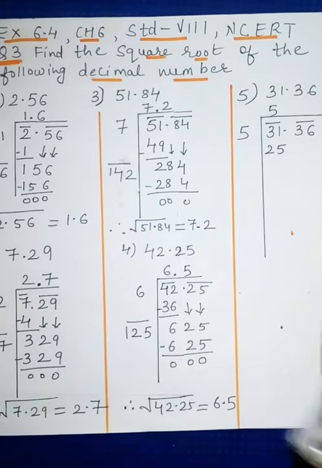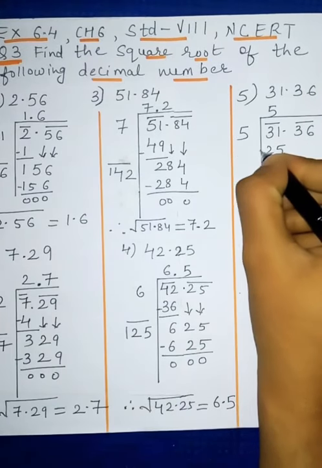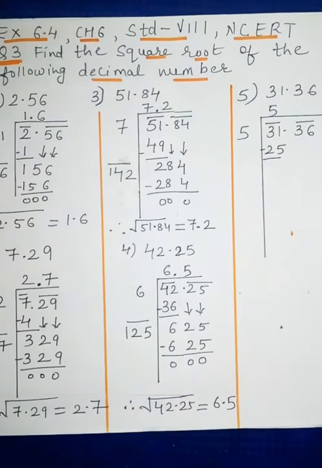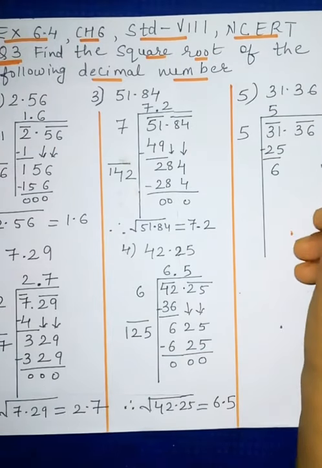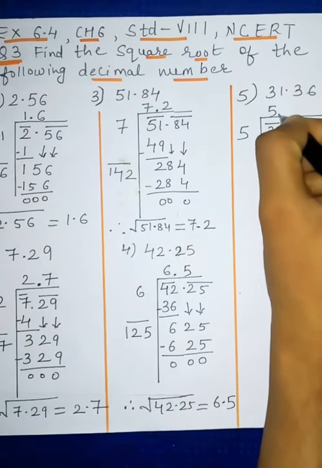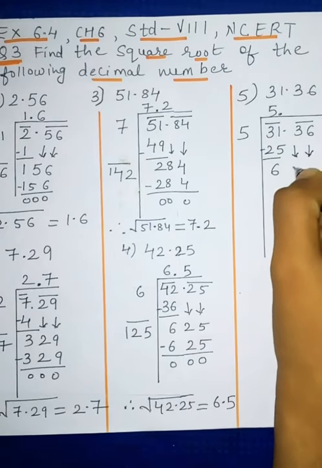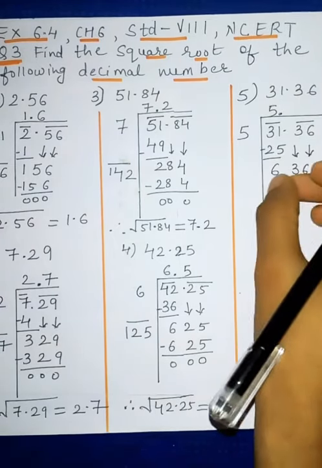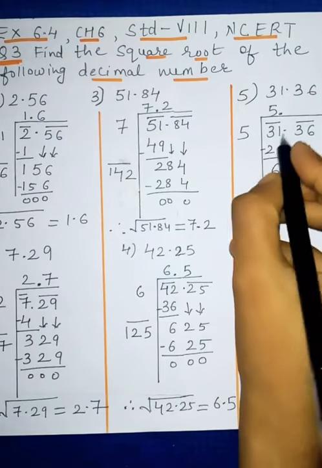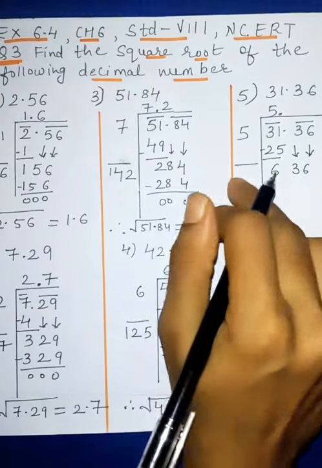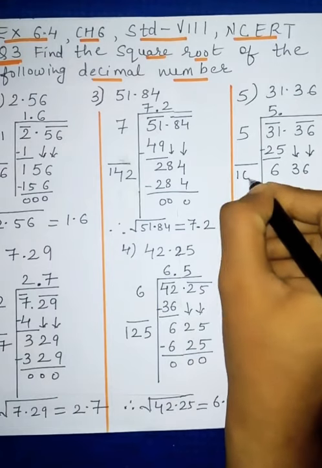Okay, 6 6s are 36 is more, so we have to start with 5 5s. Now 31 minus 25 will give you 6. Okay, now point is there, so we need to keep the point. Now this 36, it is in a pair, so both we will bring down. Okay, 6 3 6. Now this side we have to take double, so 5 plus 5 is 10.